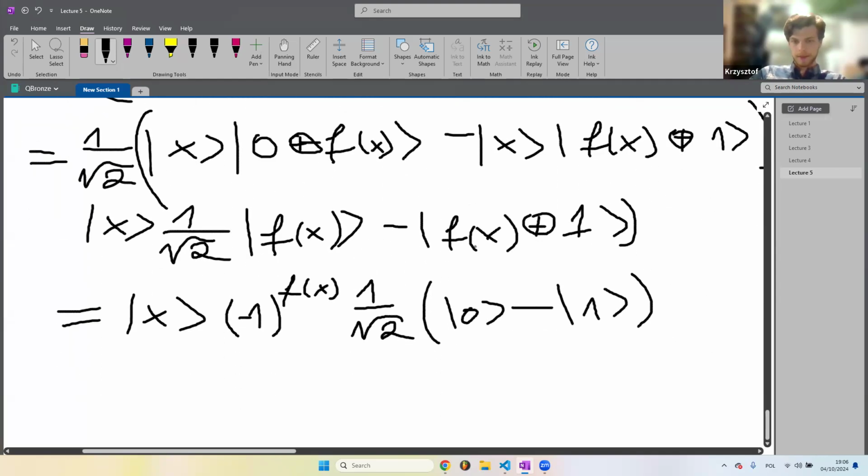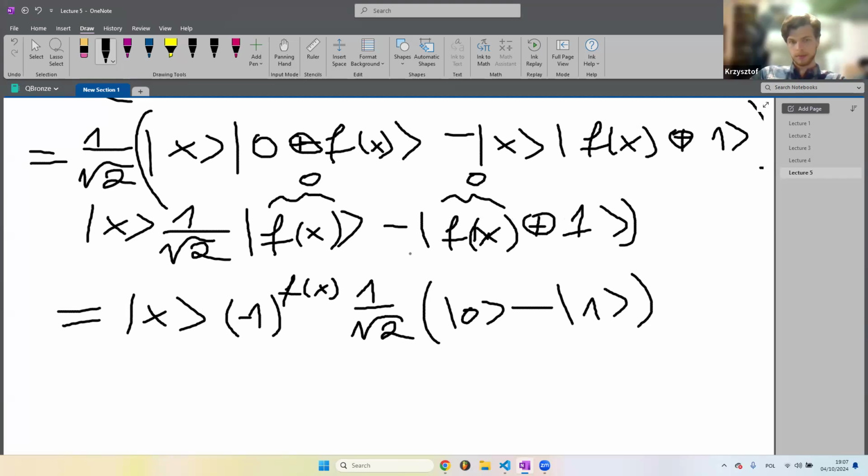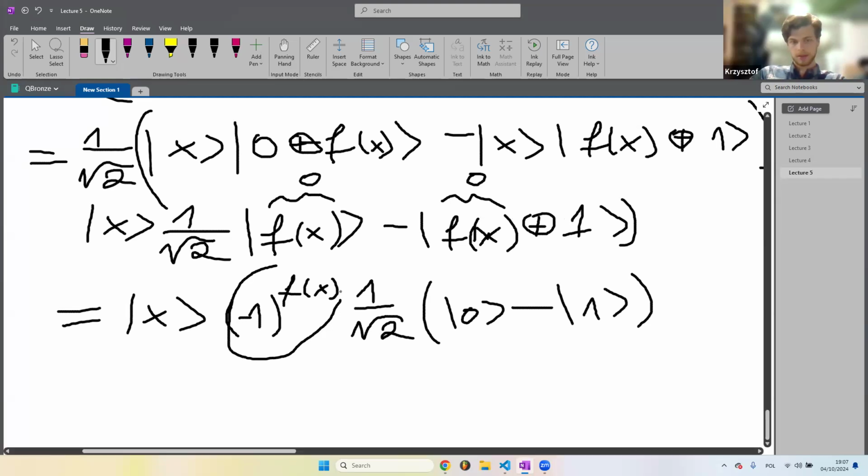So if our f of x is, if the result of our f of x is 0, then we will have 0 minus 1, and if f of x is 0, this will reduce to 1. So this state will be the same.